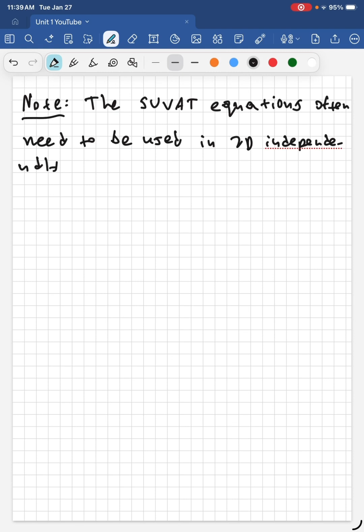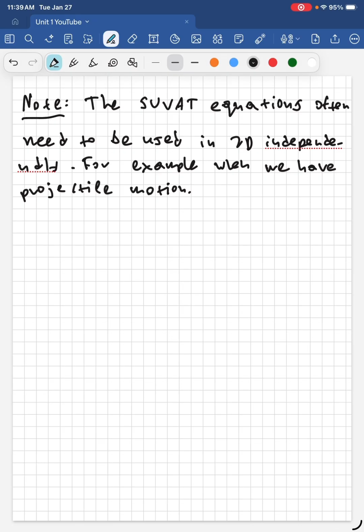For example, when we have projectile motion, this is the case here, okay?